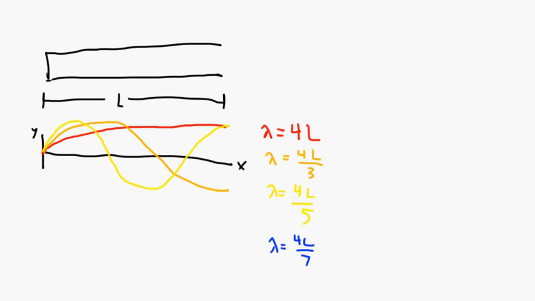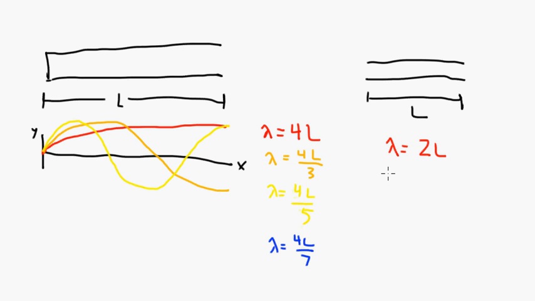And if you have a tube that's open at both ends, like this, with length L, then the possible resonant wavelengths are, let's see, lambda equals 2L. The first one looks like this.